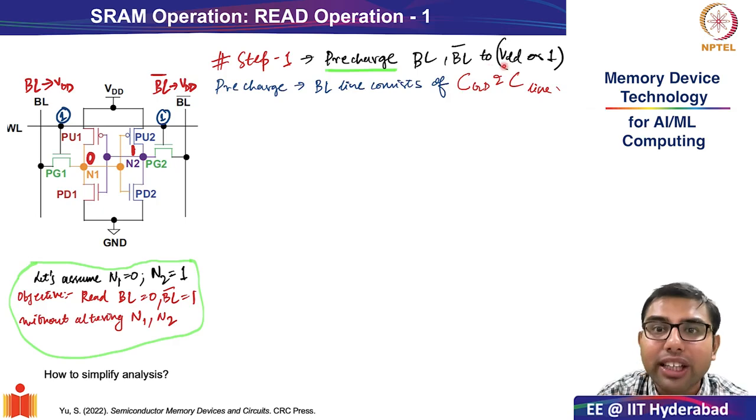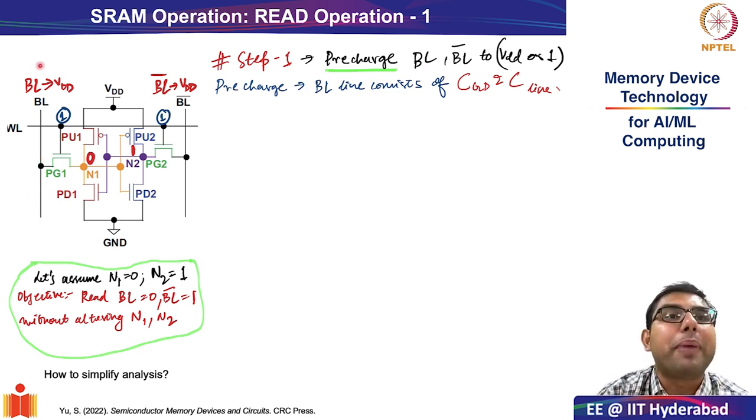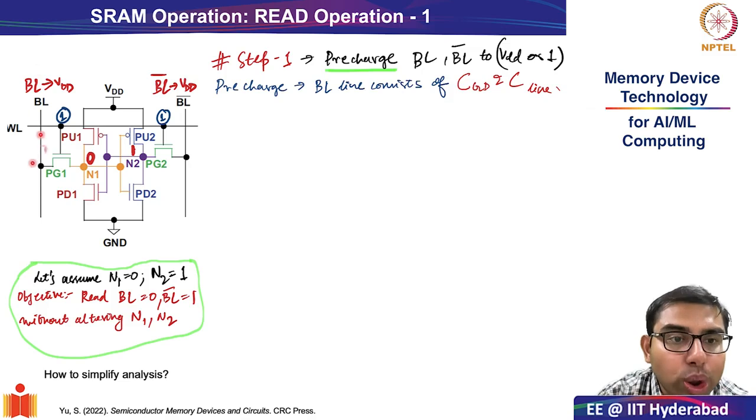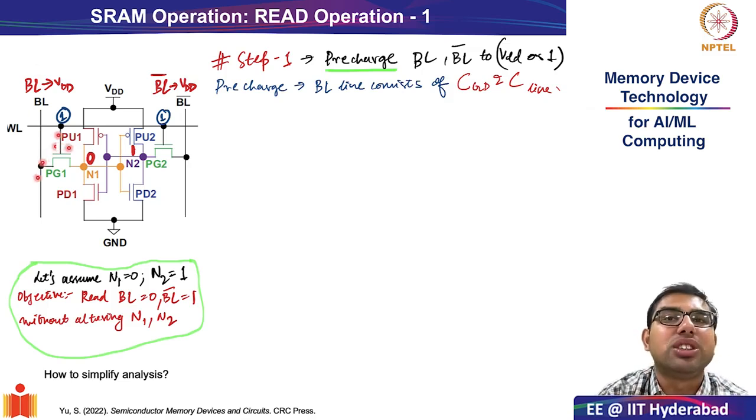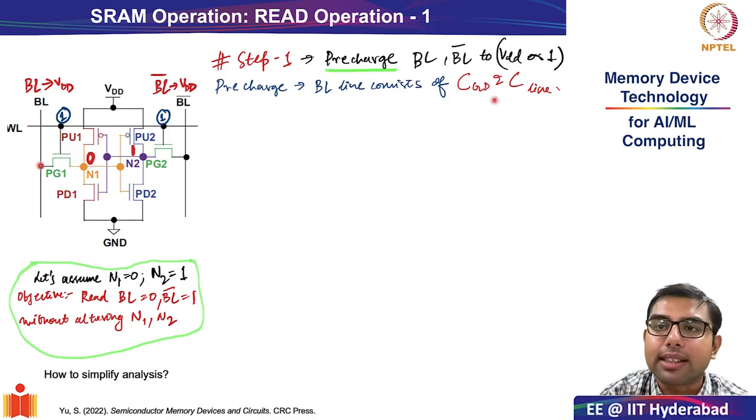This capacitance will consist of two constituent capacitances: one, the capacitance of the line, and also CGD of the pass gate transistors. So there will also be an associated capacitance between the gate and the drain or source of the pass gate transistors.